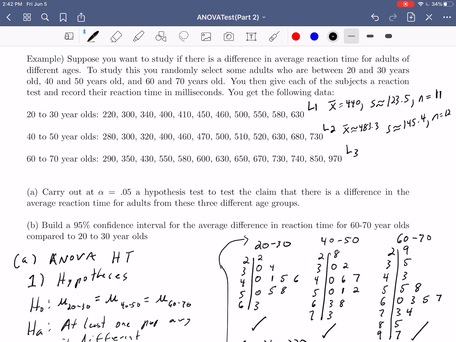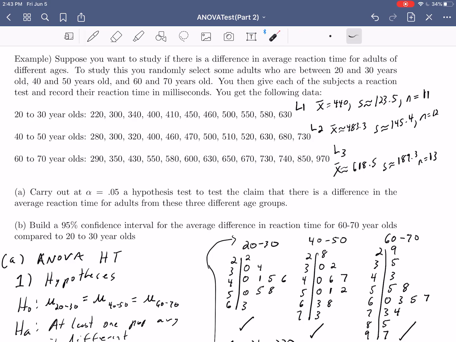And finally, for L3, we'll use our one var stat, and we'll make sure that we switch it now to L3. And looks like we should get an X bar of approximately 618.5, a standard deviation of about 189.3, and it looks like the N here is 13.